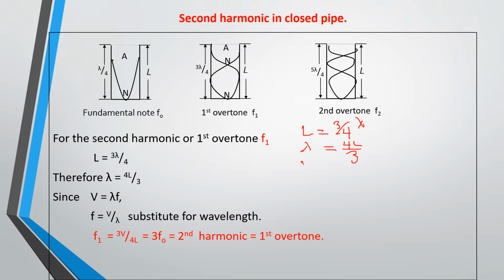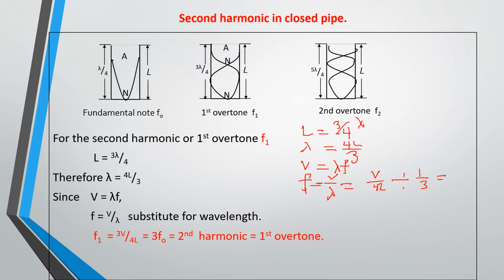So if you follow your equation, V is equal to lambda F, and F is equal to V all over lambda. Then F1, which is the first overtone, is equal to V all over 4L divided by 1 over 3.